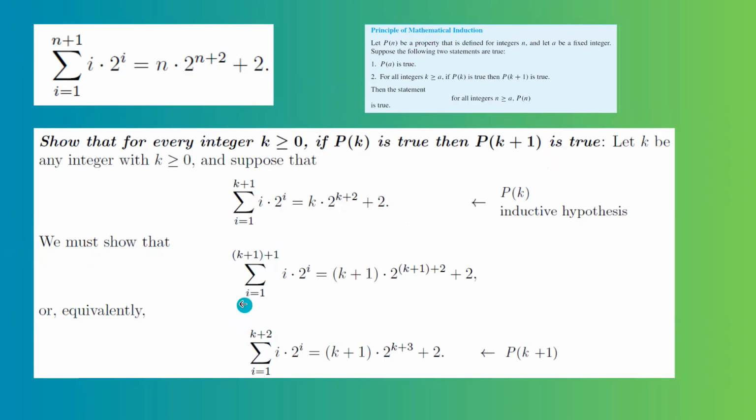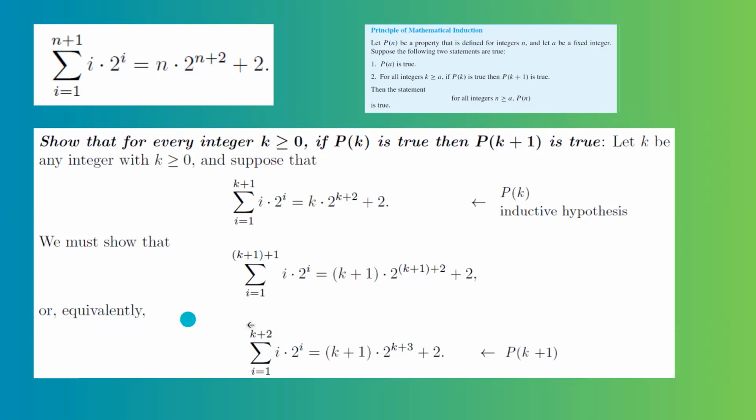So let us simplify as much as we can. i starts from 1 and goes to k plus 1 plus 1, which is k plus 2, of i times 2 to the i. On the right-hand side, wherever you see n, we substitute k plus 1 for it. This n becomes k plus 1, so 2 to the power n plus 2 becomes 2 to the power k plus 1 plus 2, plus the constant 2.